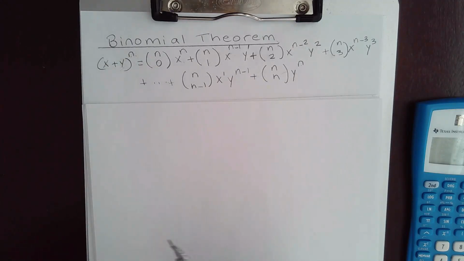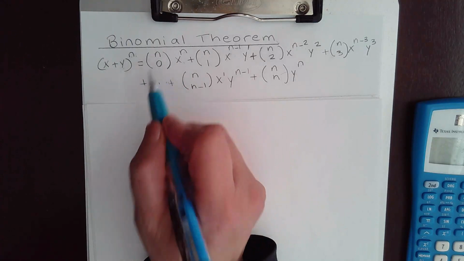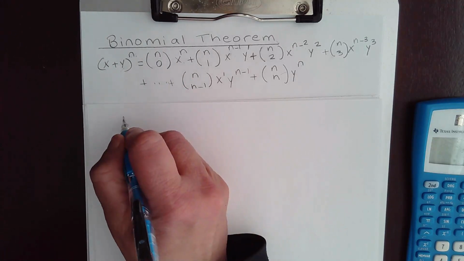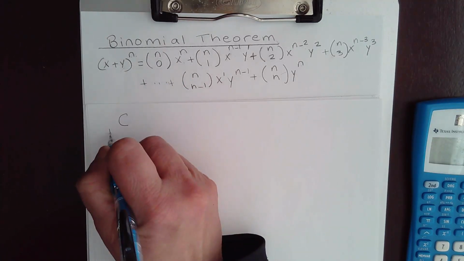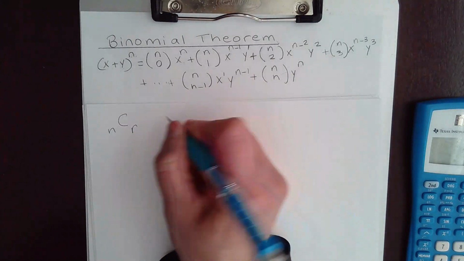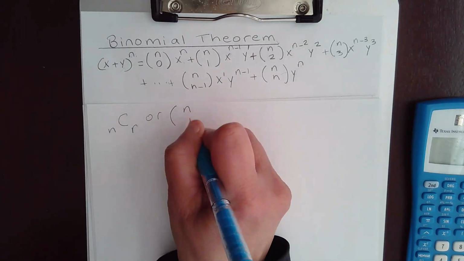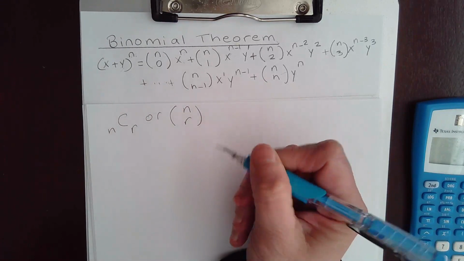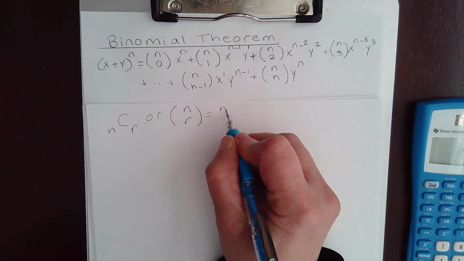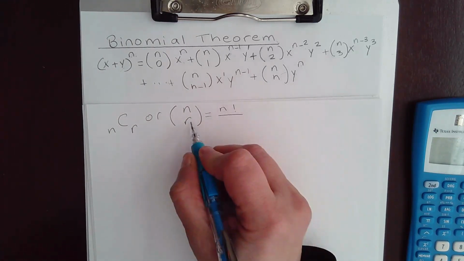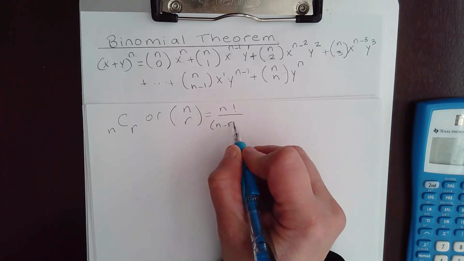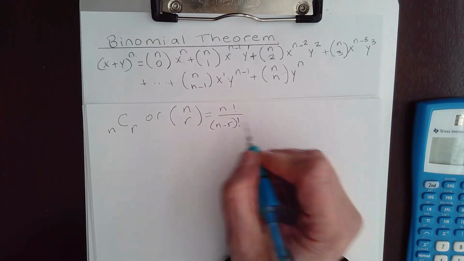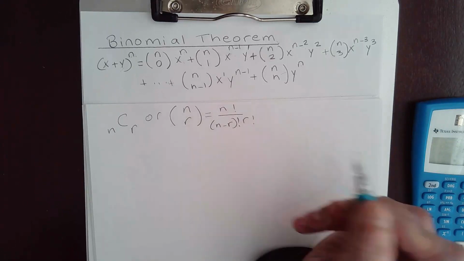So let me go over briefly about combinations now. What is that? We have n choose r, or you can write it as nCr. That is the same as n factorial over n minus r factorial times r factorial.